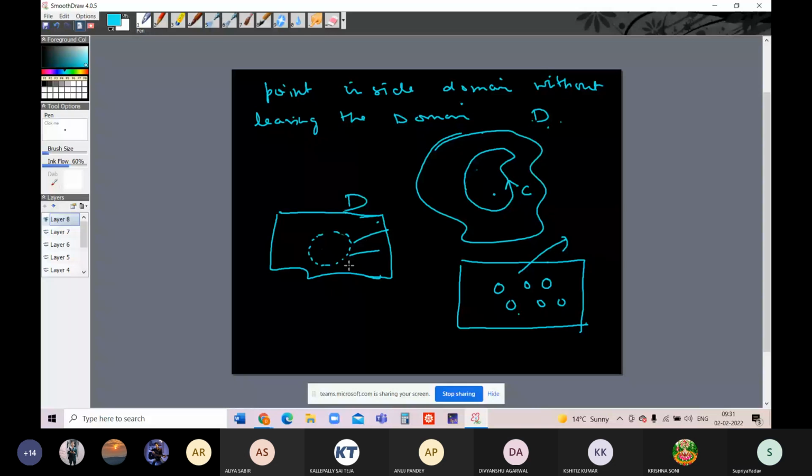This is our D. But D's picture also contains points outside of this D, which are visible inside.